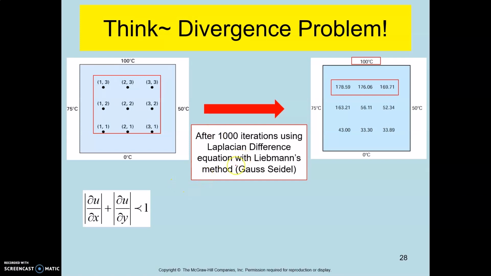For the Laplace equation, people have proved that if this condition can be met, then we will always obtain a converged solution. So if less than 1, it will always converge. What if it's more than or equal to 1? In this case, it might diverge. So what does diverge mean here? For example, you are given a scenario where even after a high number of iterations, you find some result like this.